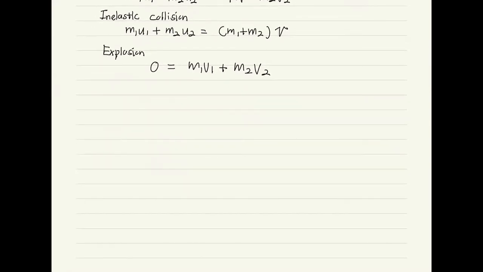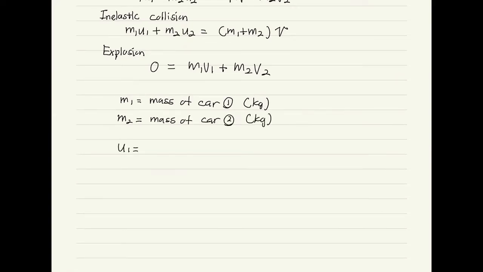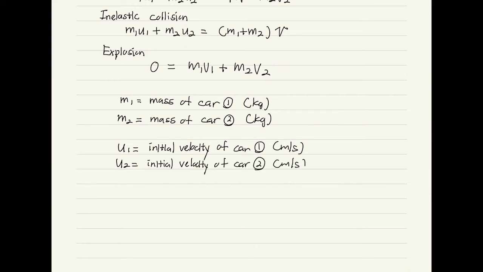From the formula, m1 is mass of car 1 with the unit kg. m2 is mass of car 2 with the unit kg. u1 is initial velocity of car 1, meter per second. u2 is initial velocity of car 2, meter per second.